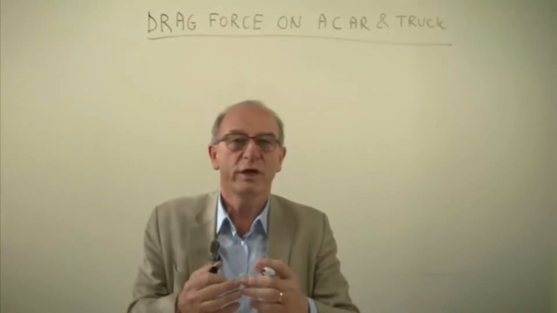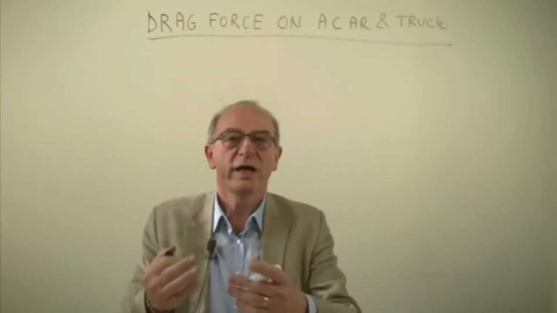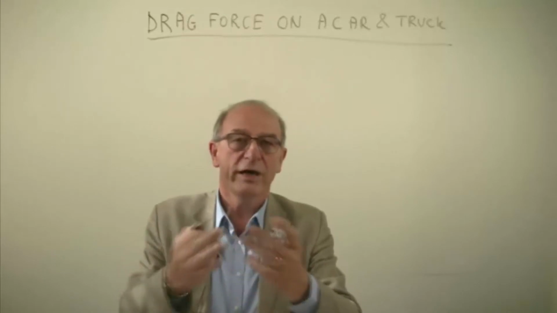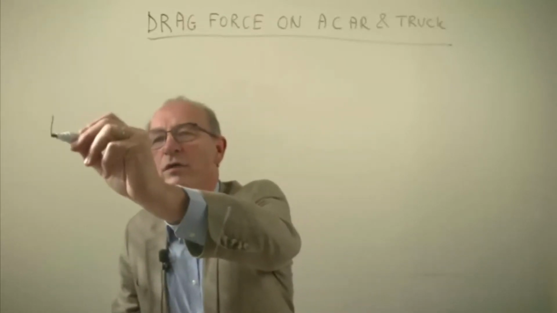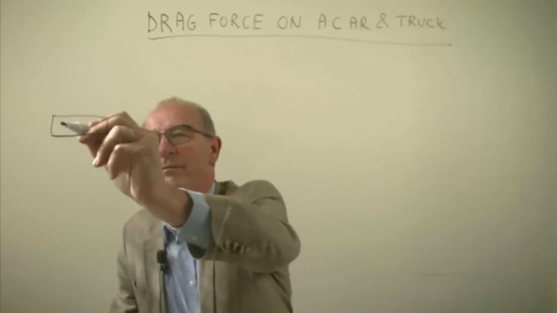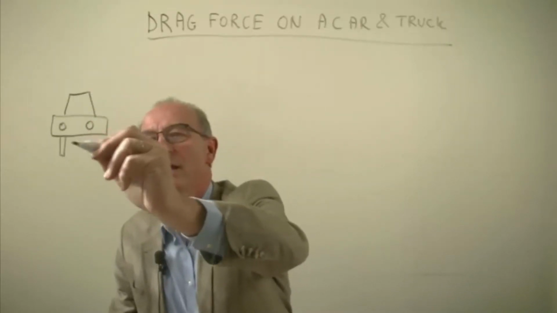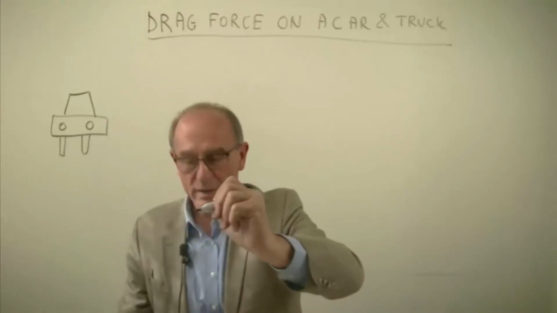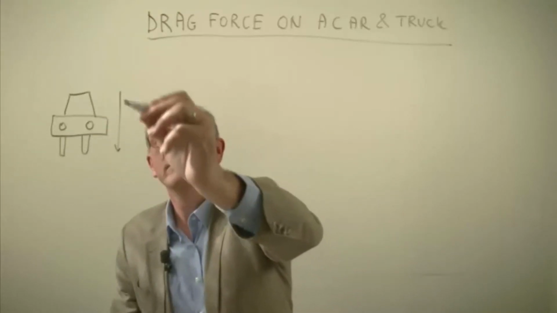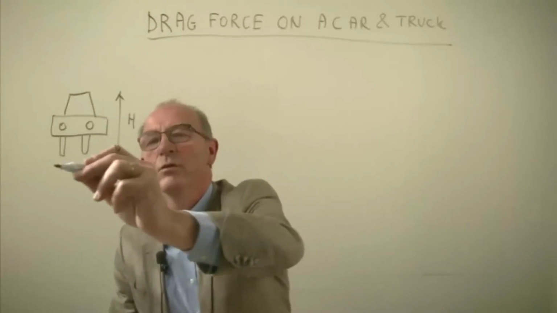But to give you an indication, I first have to make a sketch of the car and of the truck. Well, first I draw the car. This is the car with a certain height and a certain width.